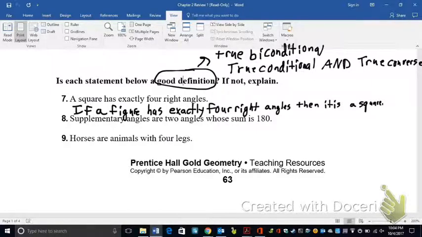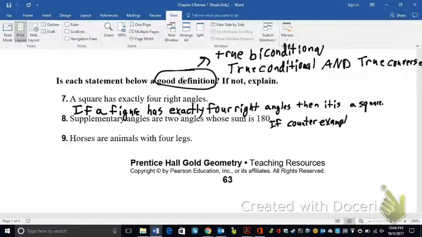So what we need to do in order to figure out, remember, in geometry and mathematics, something is either always true or it's false. So all we have to do is come up with one example of something that has 4 right angles but isn't a square, and we'll prove that false.